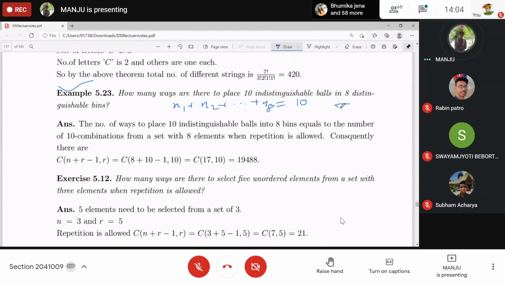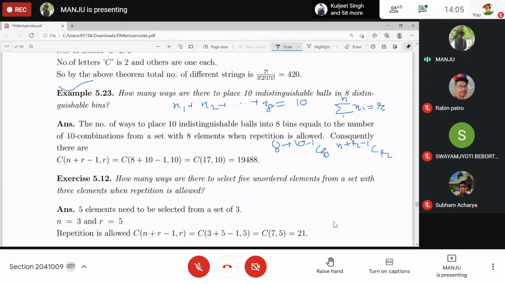where i is running from 1 to n and the sum is equal to r, the number of solutions was n plus r minus 1 C r. So here, n is 8, so it is 8 plus 10 minus 1 C 10.